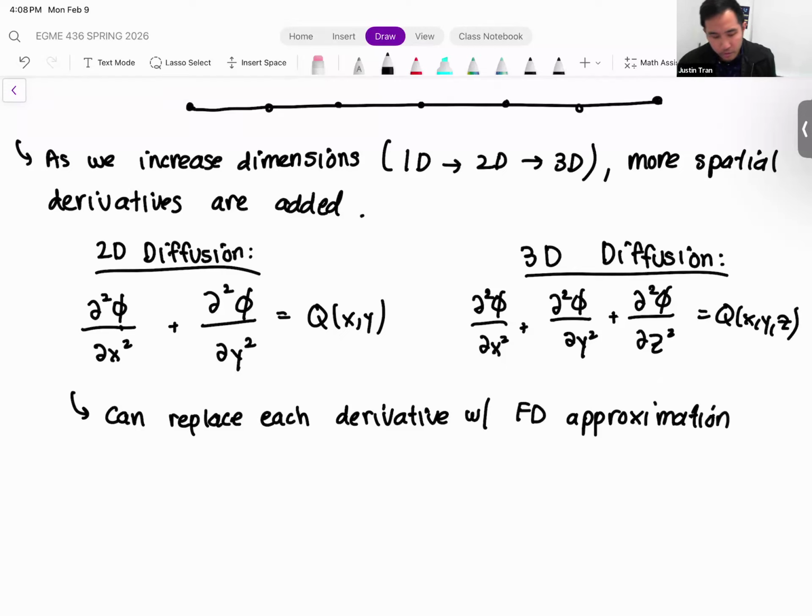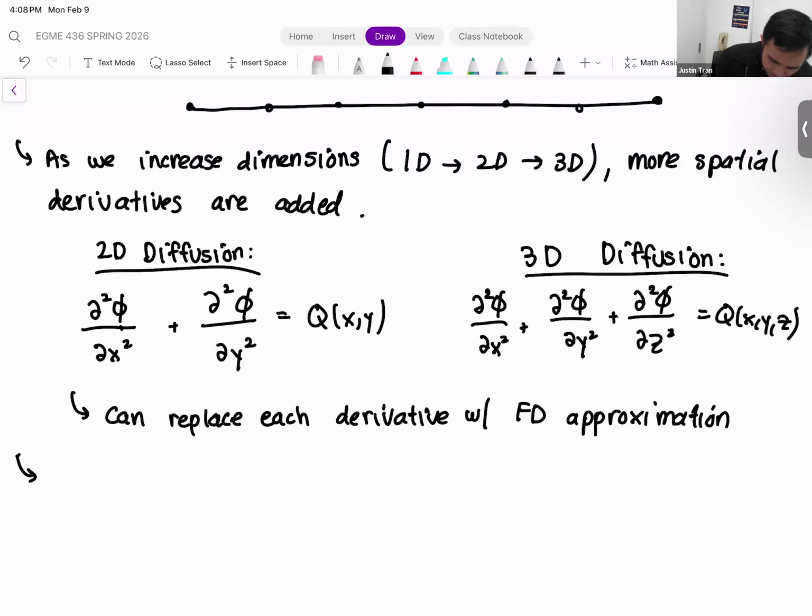And in fact, the formulas that we use for the finite difference approximation don't really change. Here we have all second order derivatives, and so we're going to use this exact same second order finite difference approximation for the second order derivative. The only thing that does change is the direction, but that's usually a minor thing.